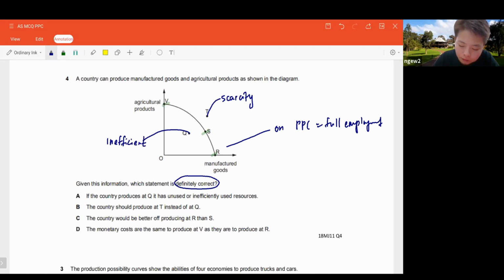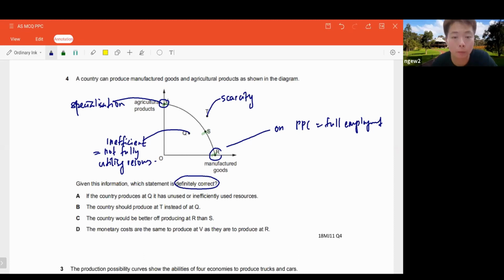Why? Because you are not fully utilizing your resources. And lastly, guys, when you are on the edge of the X and Y axis, it shows a concept called specialization. Either you specialize in agricultural product, or you specialize in manufactured product. Okay, now let's look at the answer.